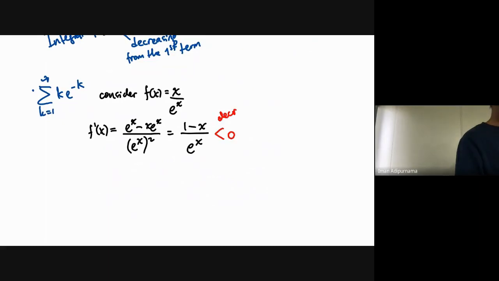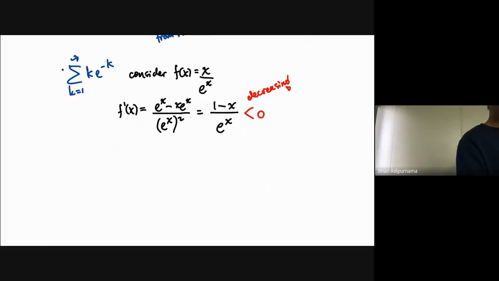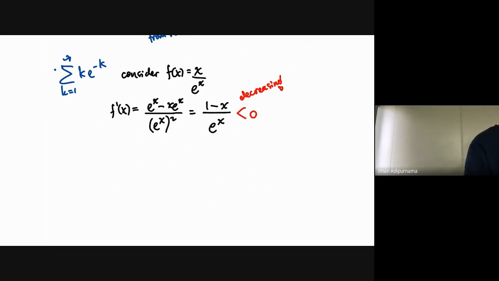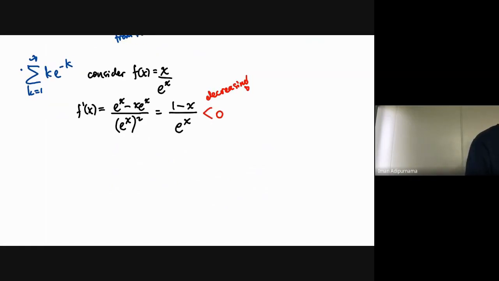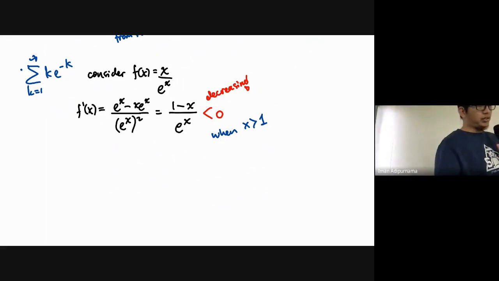Okay, so decreasing when x is greater than 1, right? You try to plug in 1, it's 0, right? And if you increase x, it will be negative, so it will be decreasing.